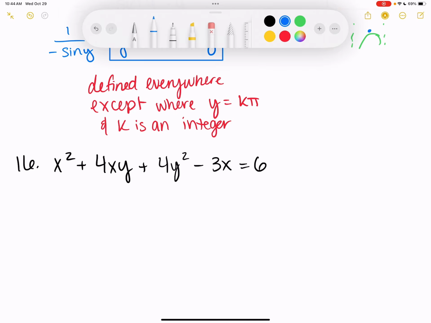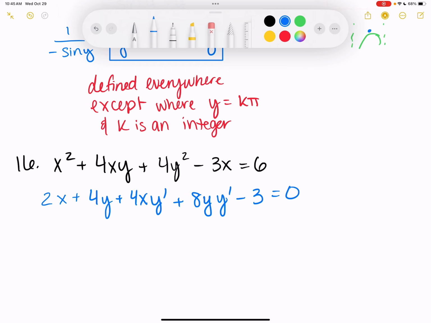So we would have 4x plus, I've got a product rule here, so the derivative of the first would be 4 times the second, y, plus the first, 4x, times the derivative of the second, which would just be y prime. And then plus the derivative of this part would become 8y y prime, and then minus 3 equals 0.